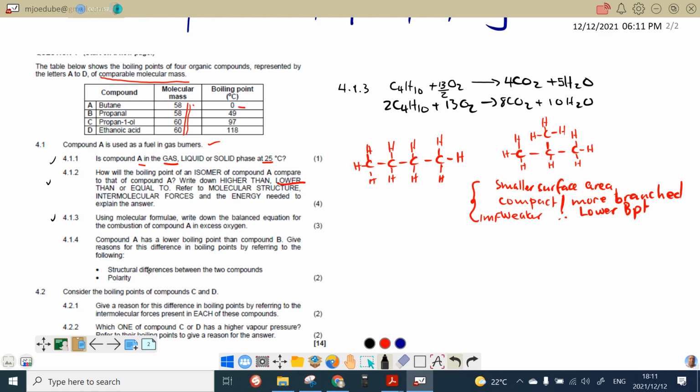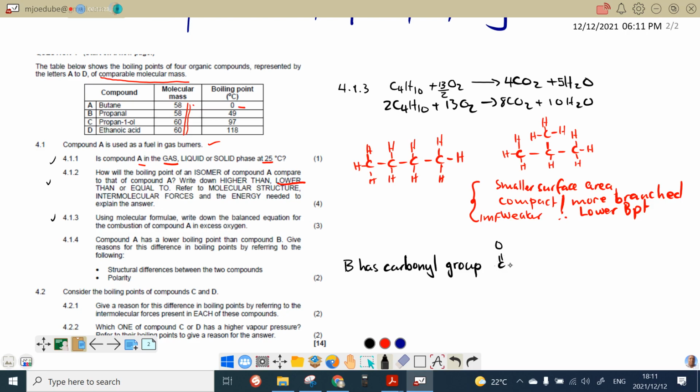So what you need to be able to explain in this scenario is that for compound B, the functional group is a carbonyl group. So B has a carbonyl group, and the carbonyl group is that.